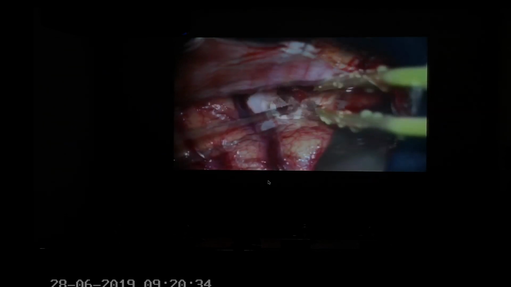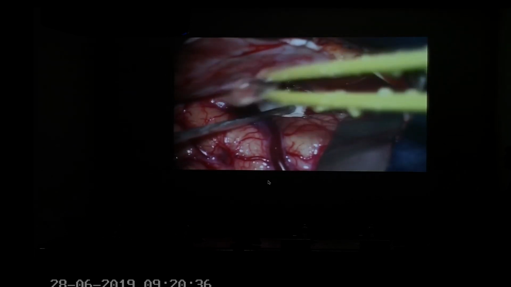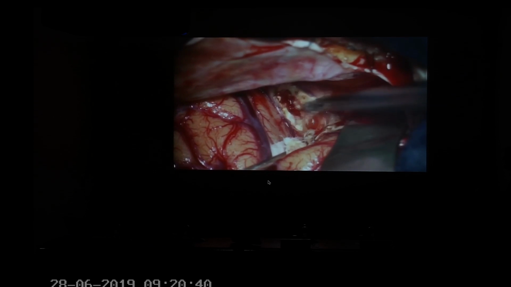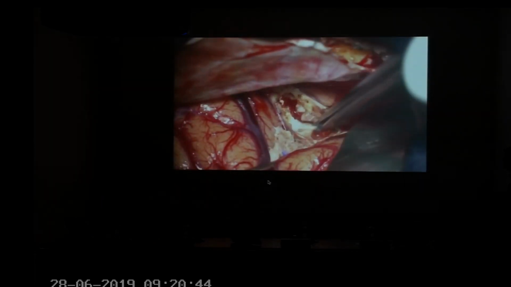It was very soft to remove. The color is a little bit different. We split the sulcus to understand the position of the tumor, the posterior part of the tumor.